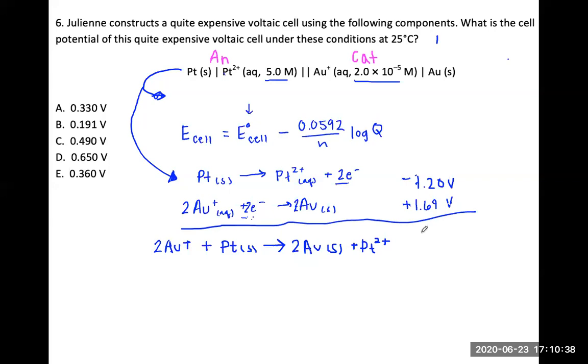Okay, and so then our overall cell potential will end up being 0.49 volts.